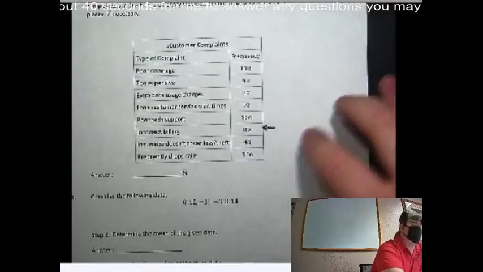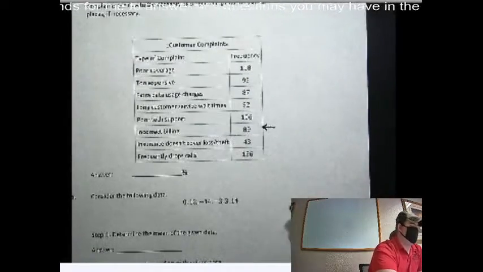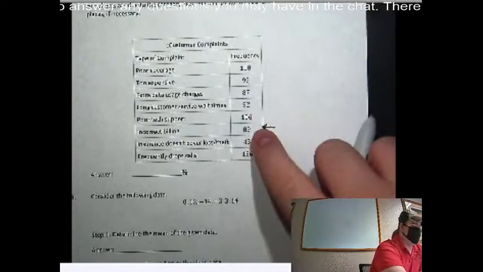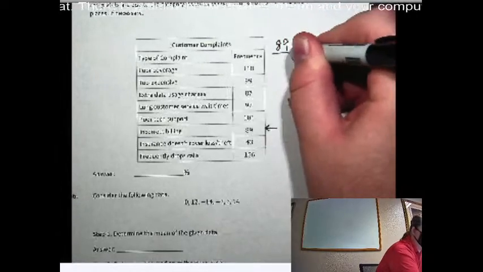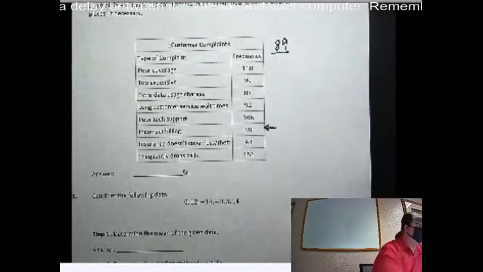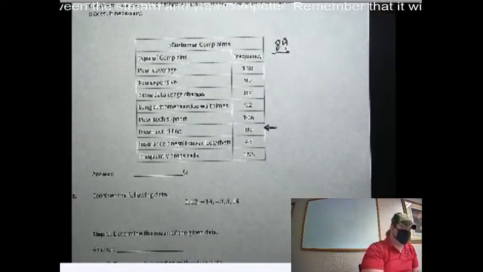So that's going to need to be a proportion. Again, this is a part of the entire thing. It's a part out of the whole thing. So this is 89 out of, well, the total, so we got to find that total.